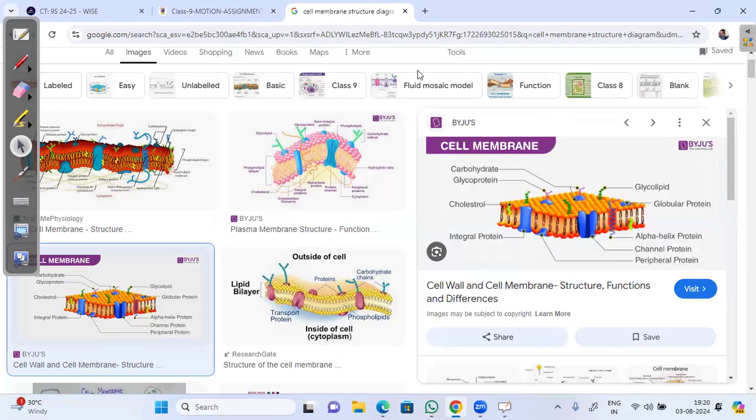See, the same thing which I drew over there, the same diagram is made over here. You can see a bilayer of phospholipids. So can everyone see a bilayer of phospholipids?